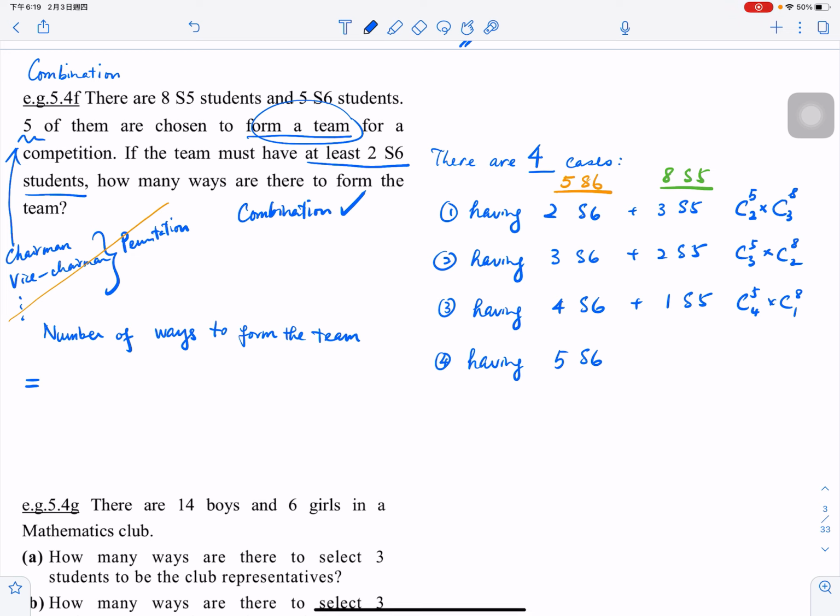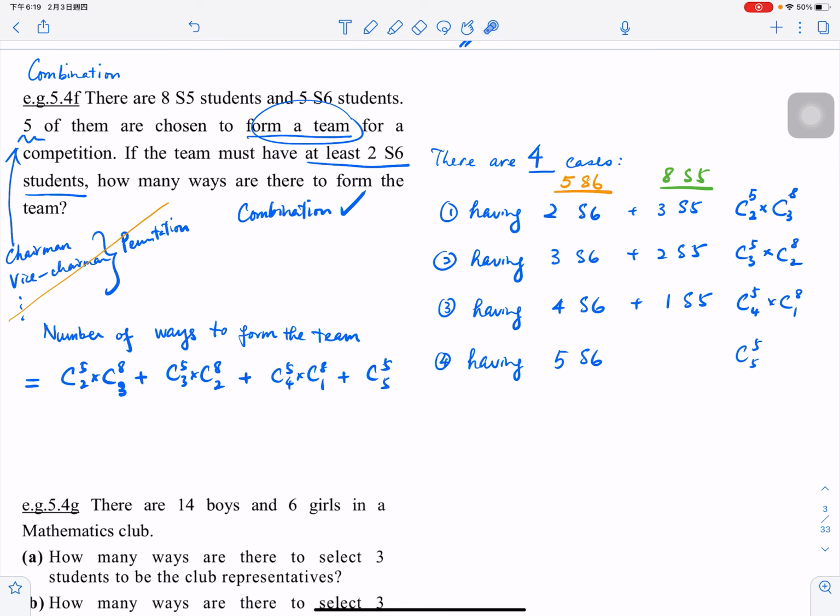And finally, choose all of them, 5C5. So the total number of ways to form a team, you can write down all of them. So this one, the first one, or the second one, or the third one, or the last one.